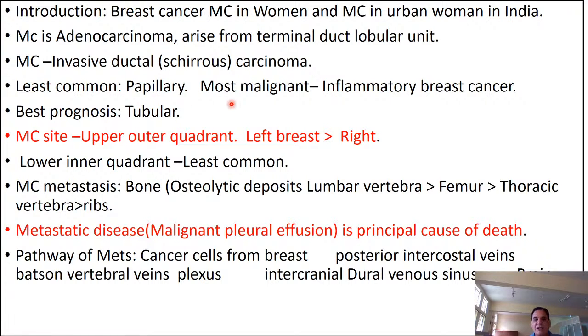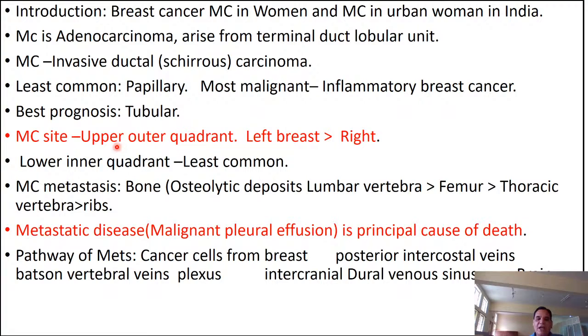Most malignant malignancy of the breast is inflammatory breast cancer. Among them, the prognosis is best in tubular carcinoma. Bad prognosis, inflammatory breast cancer. Good prognosis, tubular. Carcinoma is bad itself, but you can have more of a 10-year survival rate.